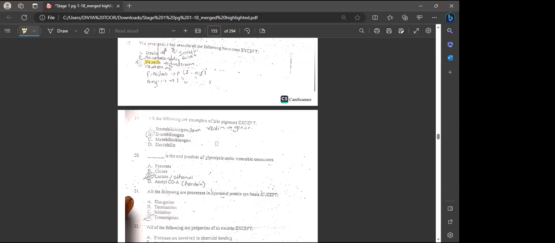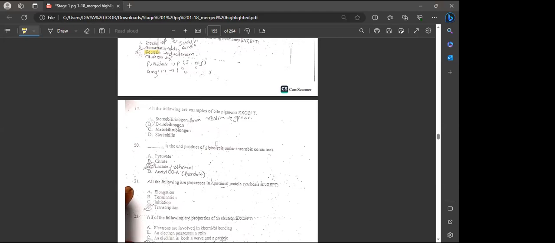I don't think I've encountered mesobilirubin. Let me just see.